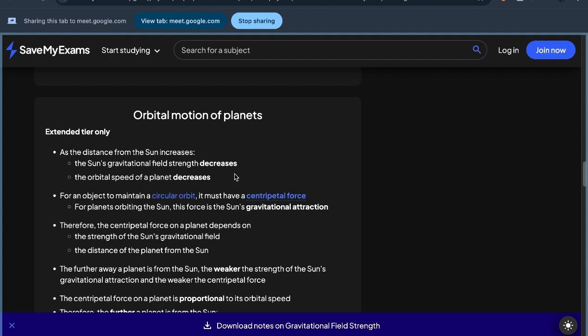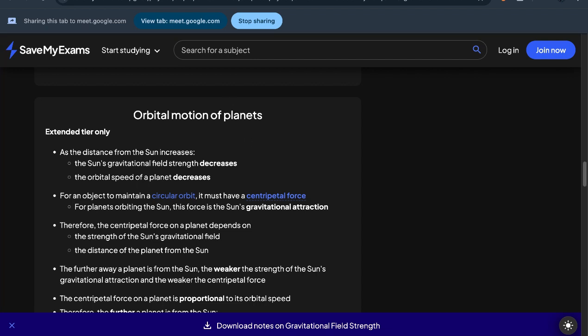That means the gravity of Mercury is greater than the gravity of the Earth. The gravity of Venus is greater than the gravity of the Earth. The gravity of Mars is smaller than that of the Earth. It's smaller than that of Mercury. It's smaller because as you move further away from the Sun, the bigger the distance, the smaller the gravity. So distance and gravity are inversely proportional.